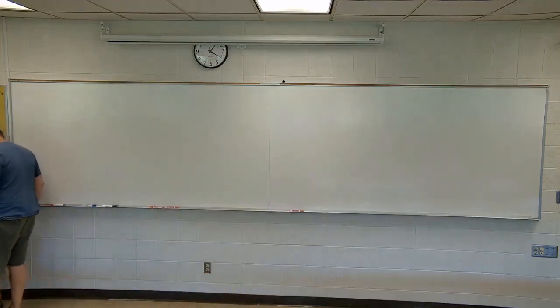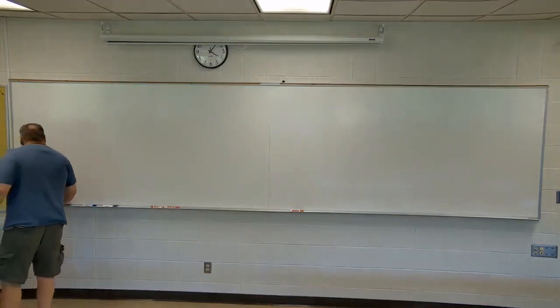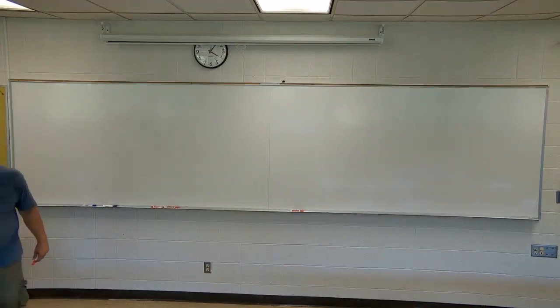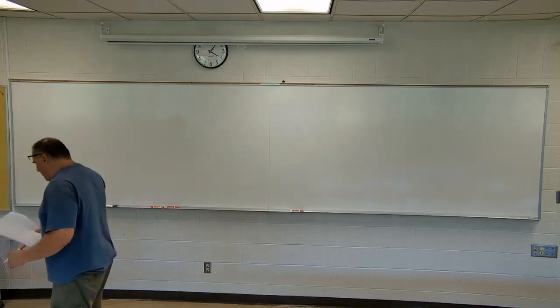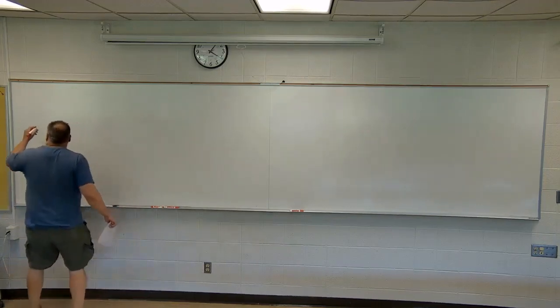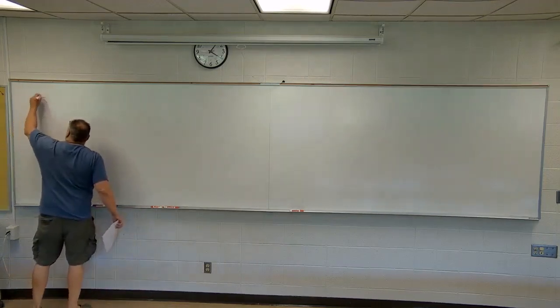All right, guys. The markers are behaving sometimes, they're not behaving other times. Let's see what we can do. For problem negative 45, now we've already kind of seen something like this.